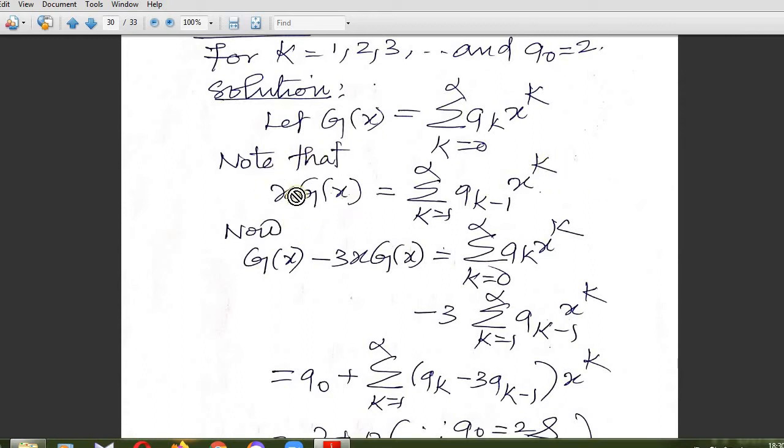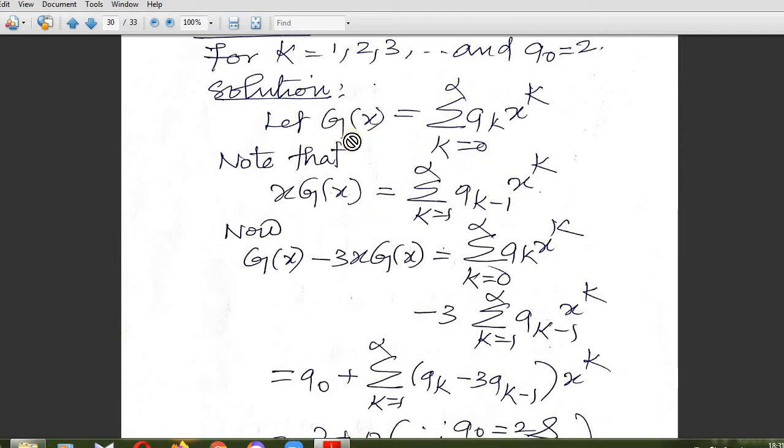Since you are multiplying by x, the summation will start at 1 and end at infinity, not alpha, this is infinity. And this k becomes k minus 1. So if you multiply by x, you get a new expansion.